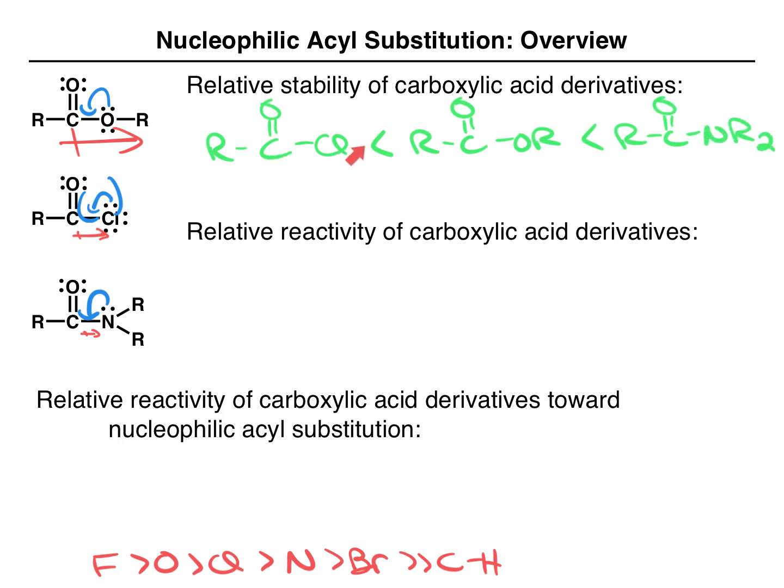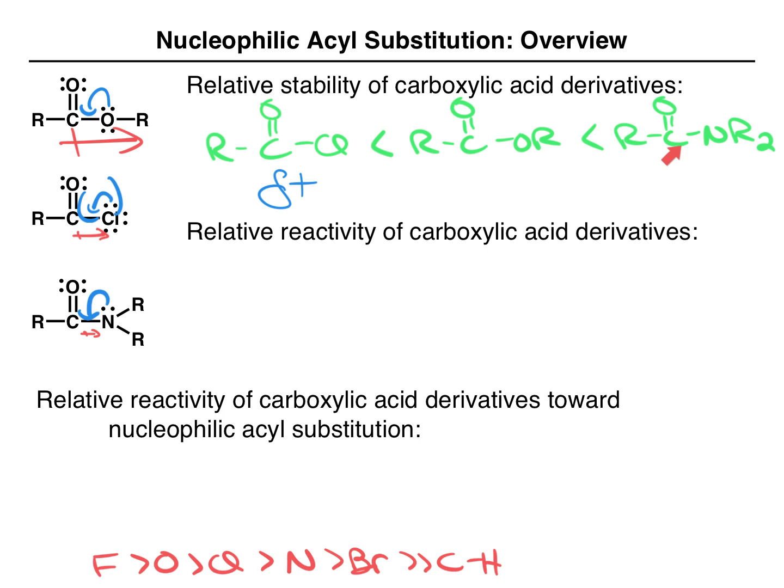Because chlorine pulls away electron density strongly but doesn't release it back very well, this carbon is the least stabilized, and this will have a very big partial plus, making this very electrophilic. Nitrogen pulls away electron density not quite as strongly, and it can release electron density pretty effectively by resonance. So the net result is that this is not extremely electron withdrawing.